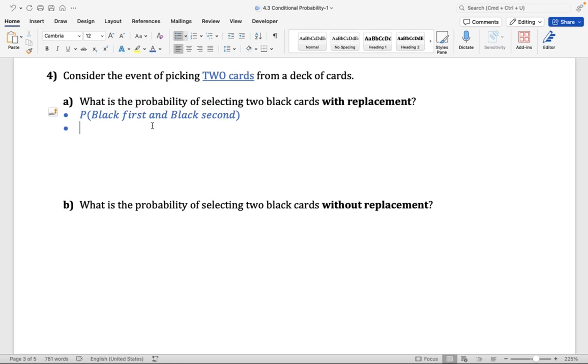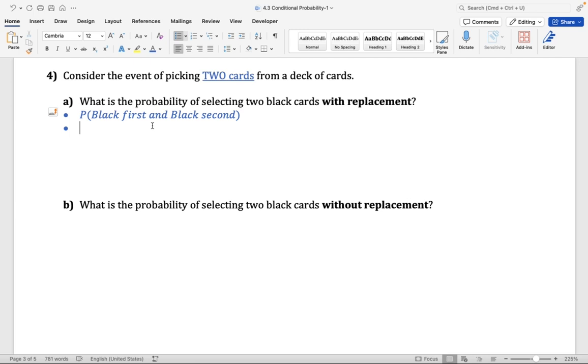I'm going to go a little bit faster for this example. Ask yourself, can the events happen at the same time? The answer is yes. Can you see the total number of outcomes in the sample? Can you count how many possible ways can you get a black card first and a black card second? Can you count all possible combinations?